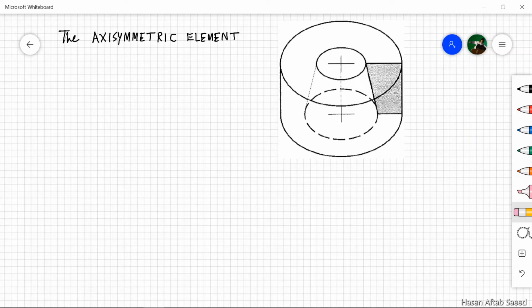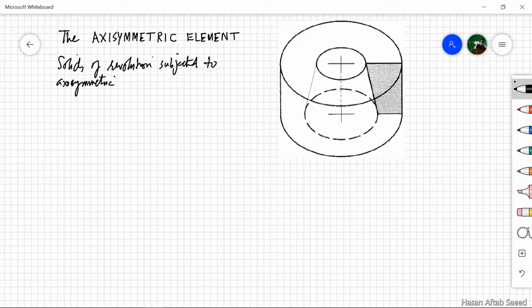Our topic today is the axisymmetric element. It is very extensively used in solids of revolution that are subjected to axisymmetric loading.